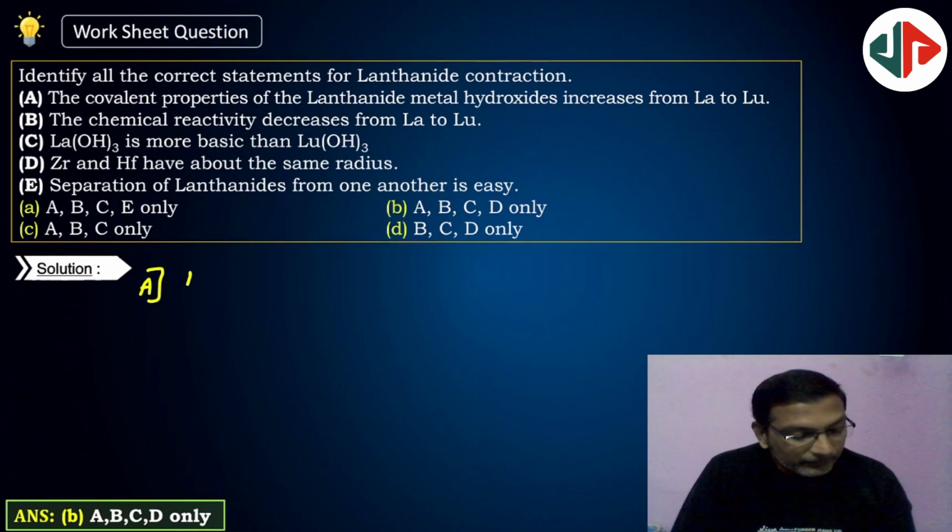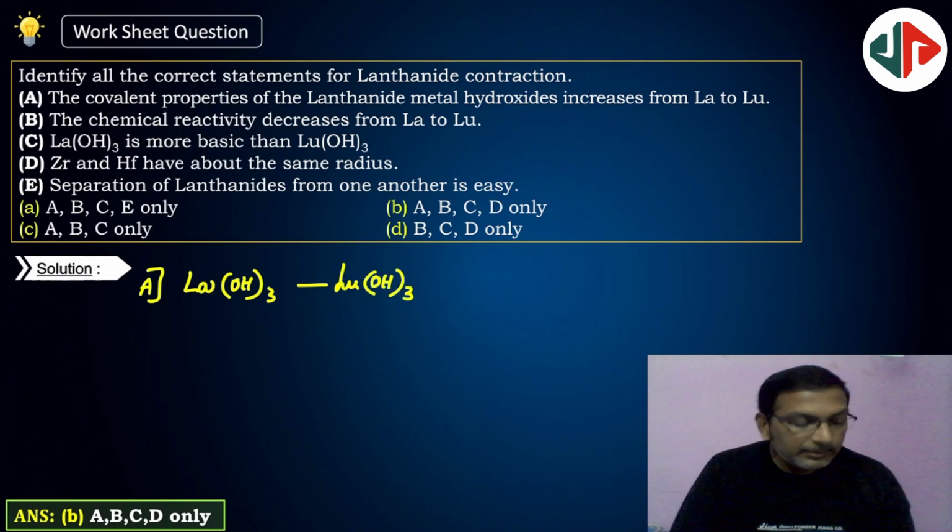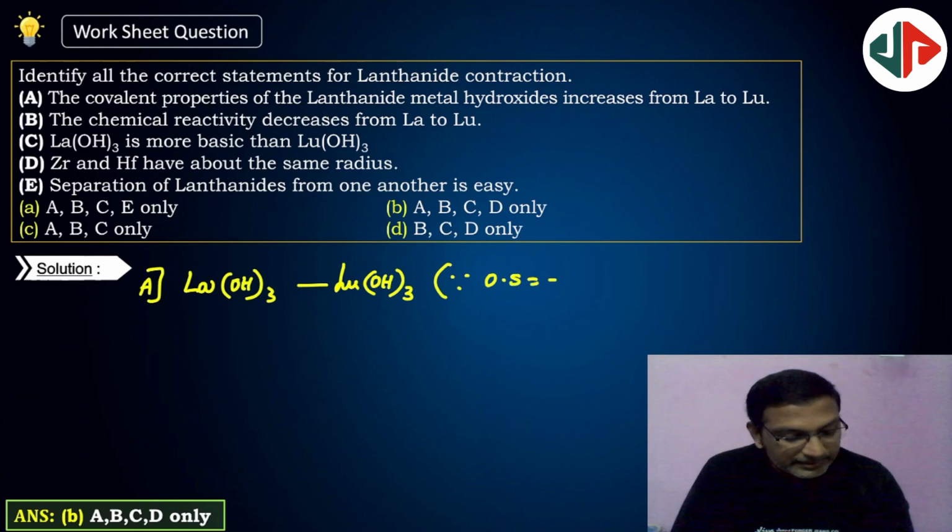Lanthanum hydroxide, La(OH)3, and lutetium hydroxide, Lu(OH)3. Because the common oxidation state of lanthanoids is +3, valency is 3.